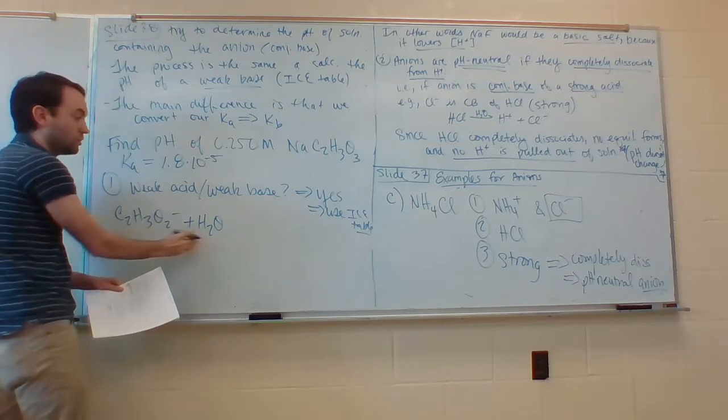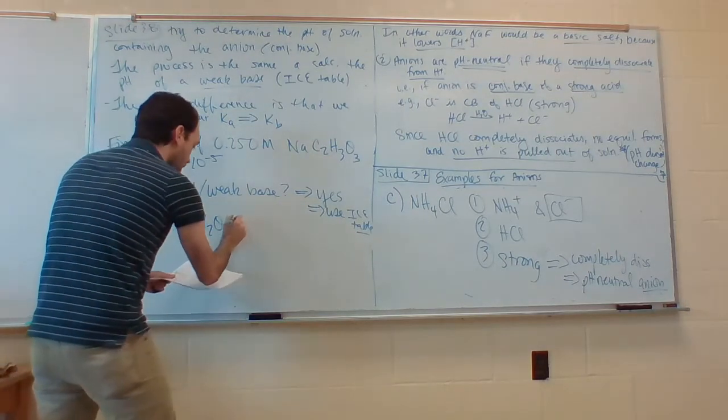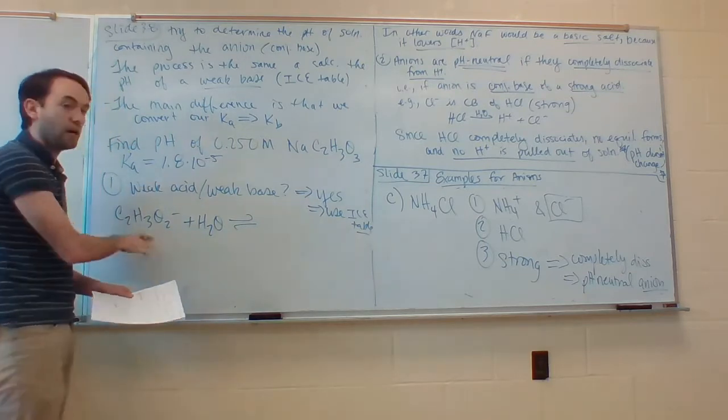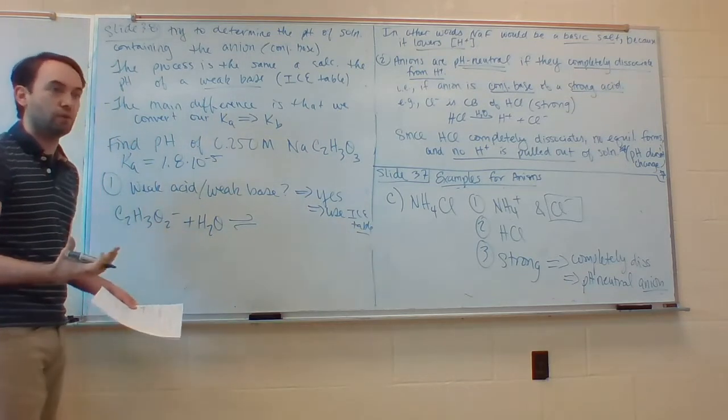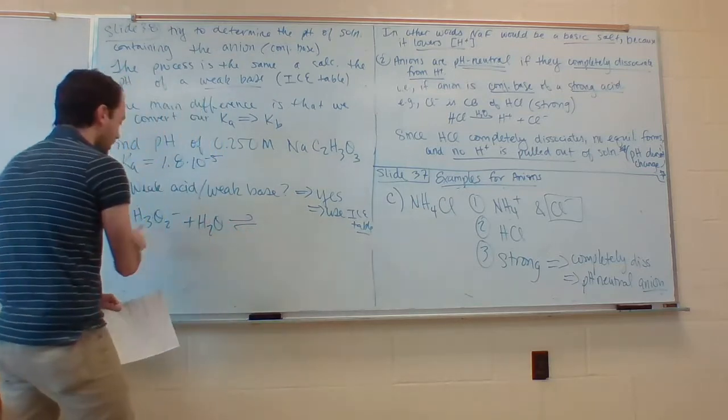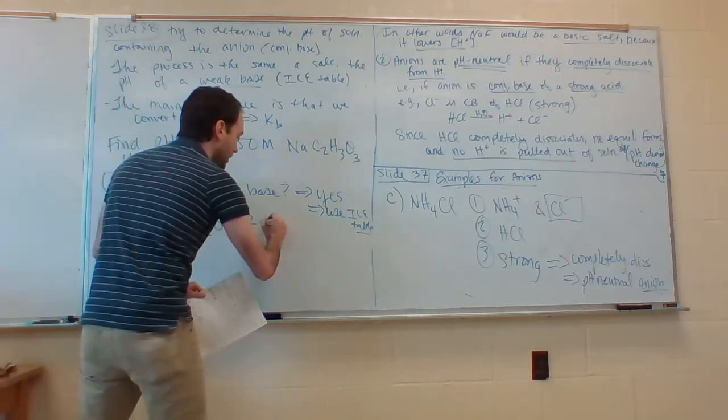So we've mixed this with water. We know that that's going to form an equilibrium because the acetate ion is our conjugate base of the weak acid, acetic acid. So this is going to pull H plus out of solution.